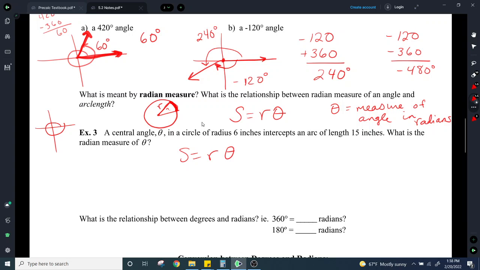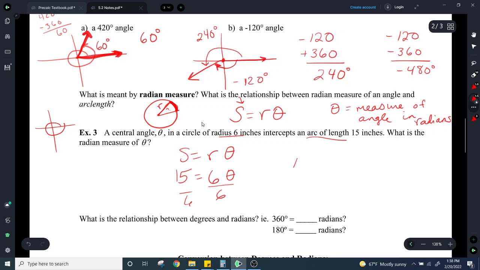Arc length is the S in the formula, so I'm going to replace that with 15. The radius is 6. And then angle theta is what they're looking for. So if we divide by 6, we get 15 over 6. I don't care about reducing, I'm just going to call it 15/6. So the radian measure that corresponds to that angle would be 15 over 6.